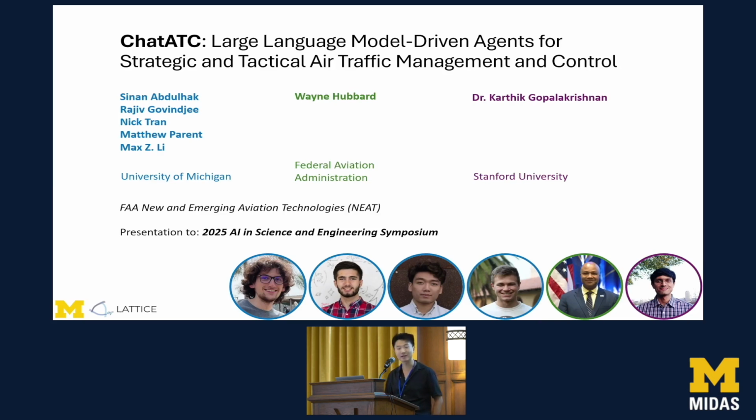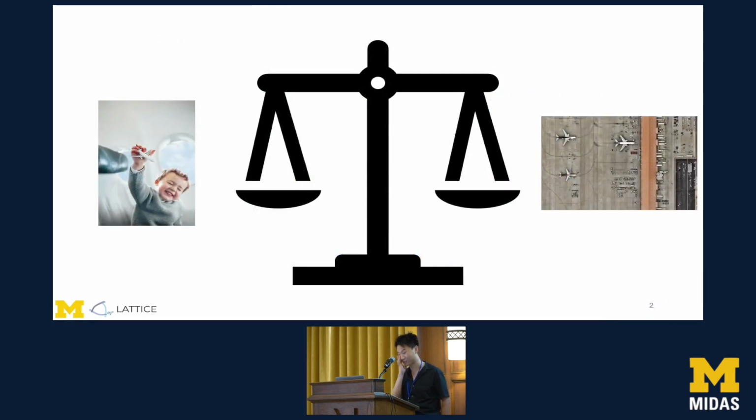In terms of the one picture in my head of air traffic management, which I think about all the time, is this picture here. It essentially boils down to trying to maintain balance between demand, so people who want to fly, maybe some of you in the room today, and the supply that is able to accommodate your flight.